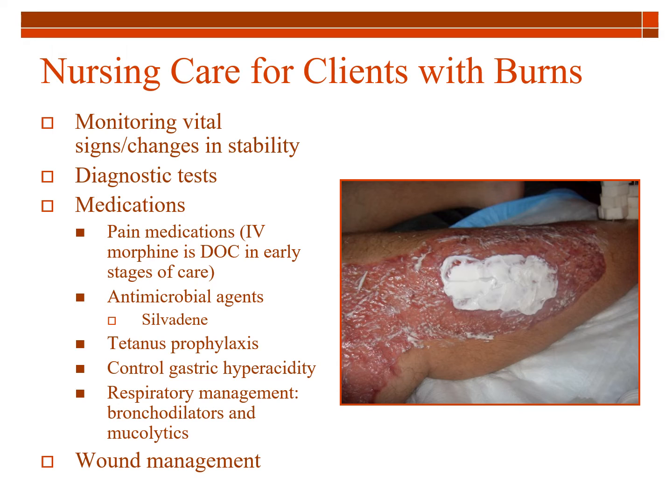Aim to prevent Curling's ulcer by feeding the patient as soon as possible after the burn injury. Antacids, H2 histamine blockers, and proton pump inhibitors are used prophylactically to neutralize stomach acids and inhibit histamine and the secretion of hydrochloric acid.